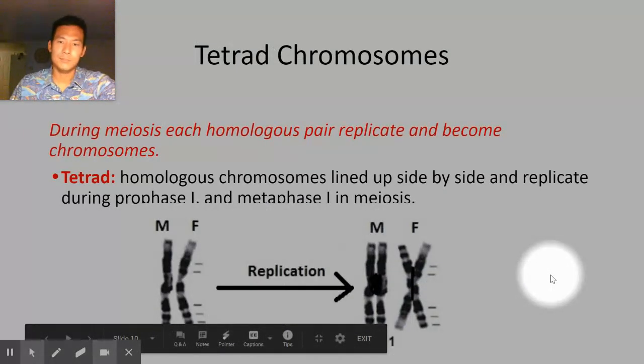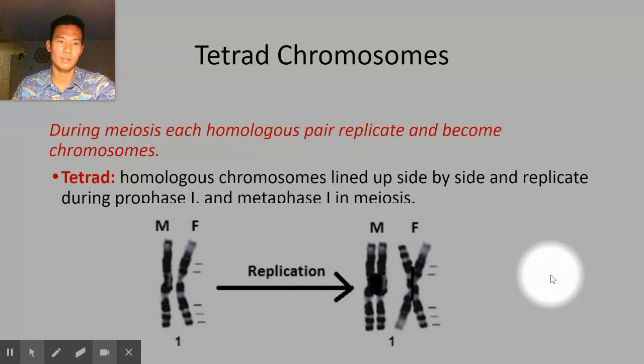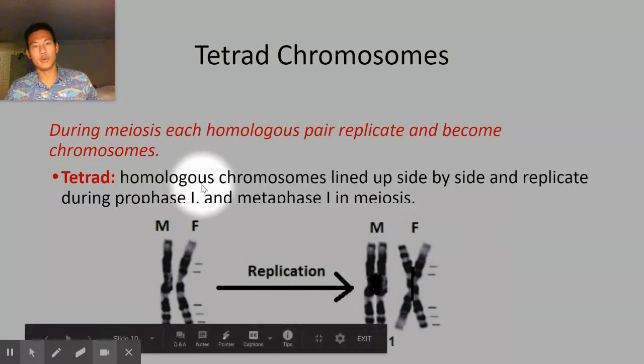Same thing that I mentioned earlier. During S phase of your cell's life cycle, chromosomes will replicate and DNA will be synthesized, and they will become double chromosomes.